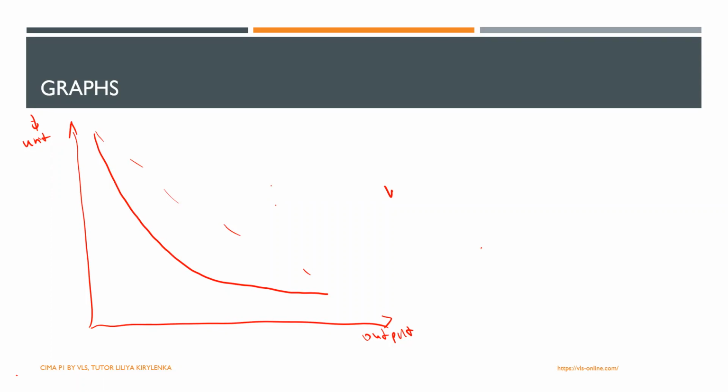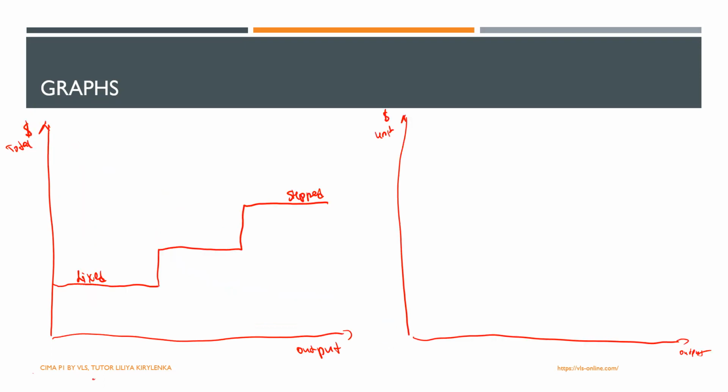Okay, so what's going to happen with our variable cost? If this is a variable cost per unit, then on our total dollar value, what we are going to get is the following. If we do not produce anything, then our variable cost is 0, and the more we produce, the more total cost we get.